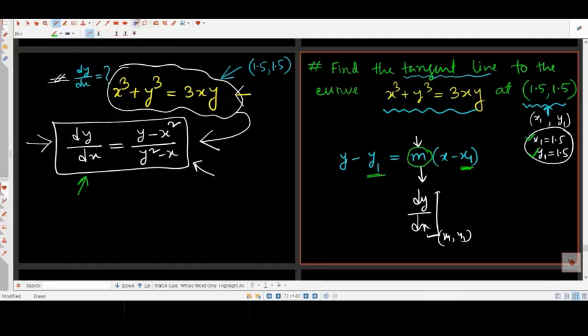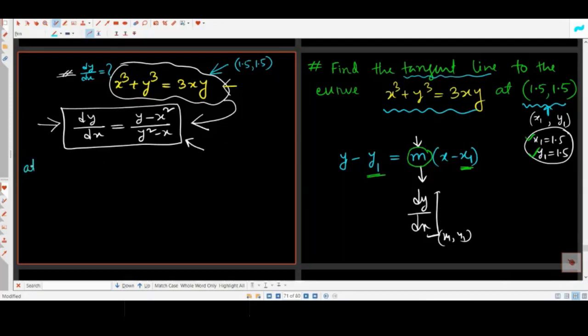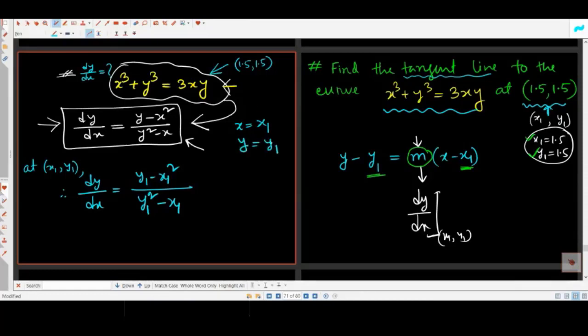So now let's find dy/dx at the point (1.5, 1.5). At (x1, y1), we can write dy/dx as (y1 minus x1 squared) over (y1 squared minus x1). That means where we have x, we have plugged in x1, and where we have y, we have plugged in y1.